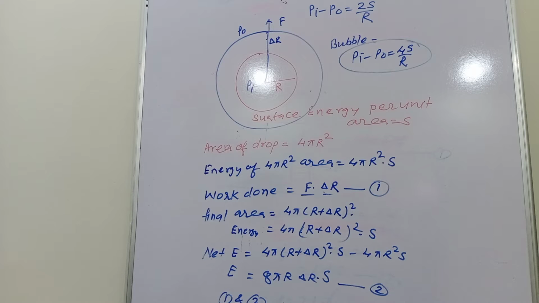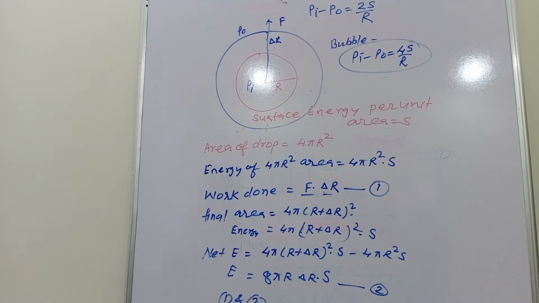So these are the two examples in which we can understand surface tension. Surface tension is the property of a liquid in which the free surface tries to behave like a stretched membrane and tries to occupy minimum area.